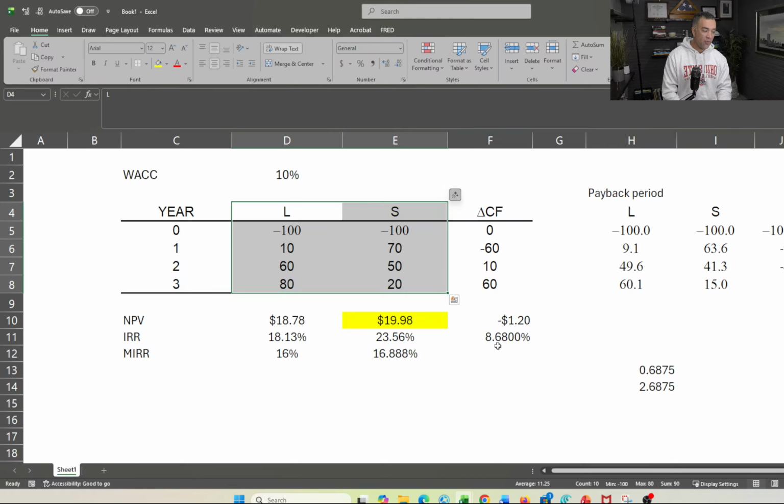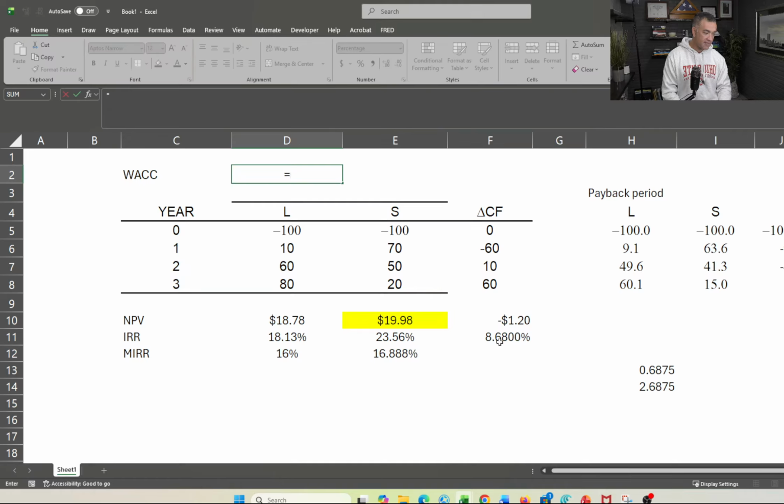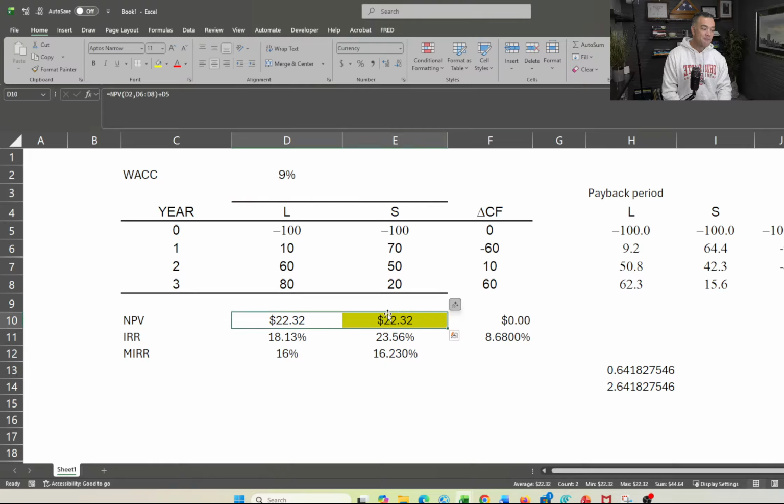Let's show you how that works. I'm going to change the WACC according to this, and I want you to keep your eye on the net present value. This would be the WACC at which both have an equal net present value. This is the internal rate of return where both are equal with each other.